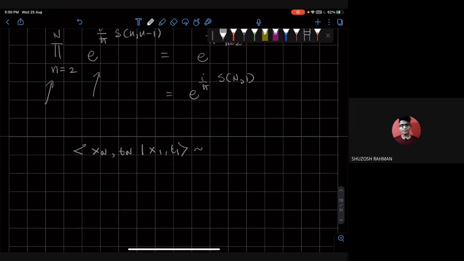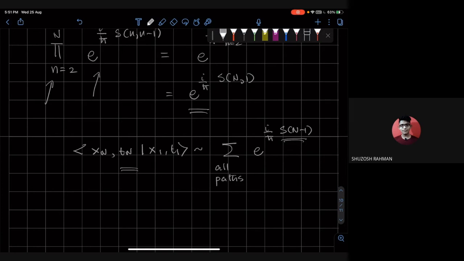We cannot put this thing equal to this thing. What we can do is say we have e to the power i by h bar S_(n-1), but we sum over all the paths. For each of these paths, we evaluate this thing, and we sum over all of this. Okay?